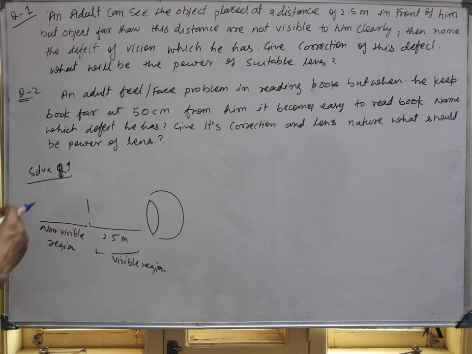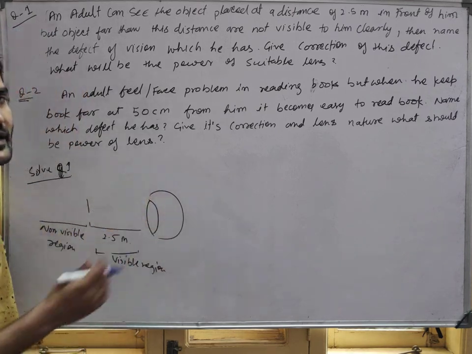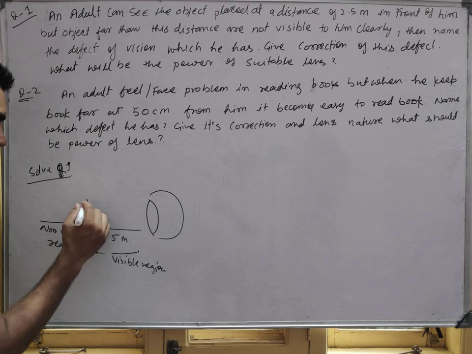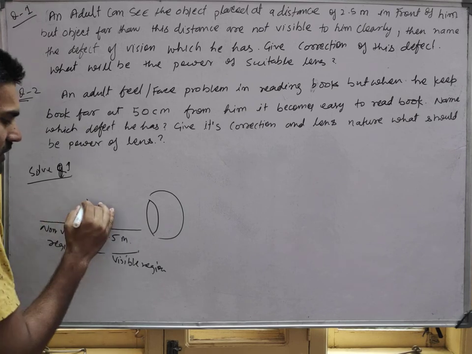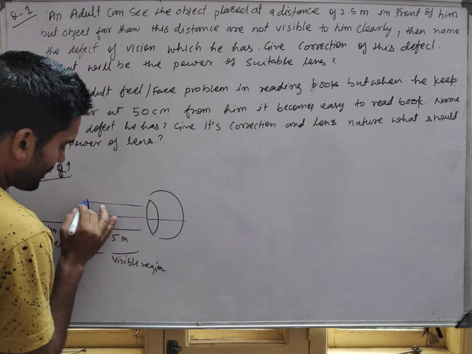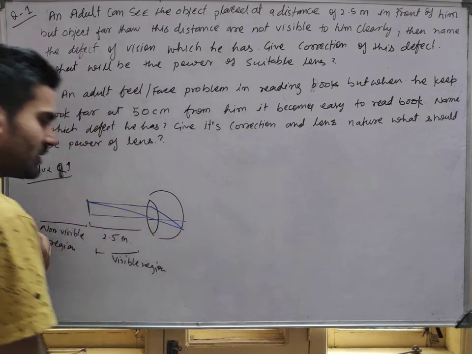Up to 2.5 meters, the image is formed on the retina and he gets a sharp image. After this, he is not getting a sharp image. Let's see how the defect works. For an object at 2.5 meters, the rays form the image on the retina.